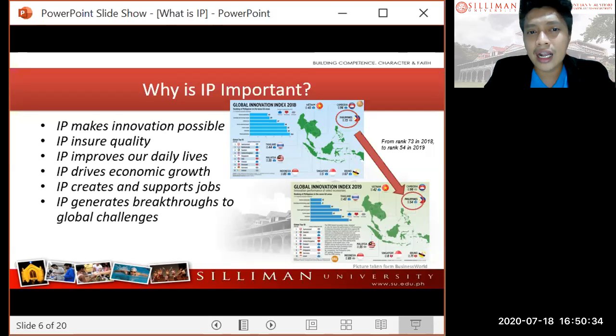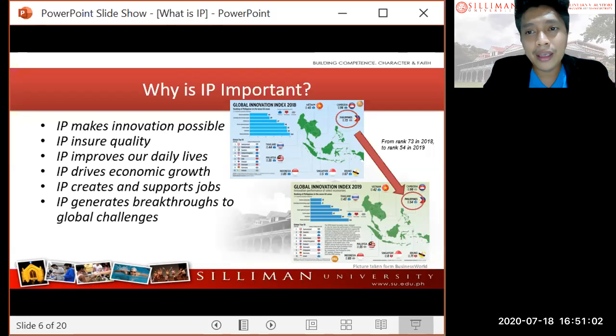IP-intensive industries account for one-third, or 38.2%, of total US GDP. The direct and indirect economic impact of innovations is overwhelming, accounting for more than 40% of US economic growth and employment.